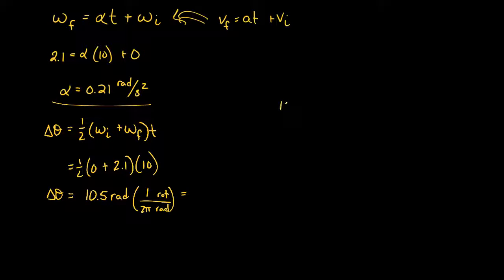Look, if you did 10.5 divided by 2 pi, if that's what you typed in and hit enter, you told your calculator to do 10.5 divided by 2 times 3.14. Because your calculator obeys strict order of operation. You didn't tell it to put both of those in the denominator. You didn't put parentheses around it, which is why you got the wrong answer.